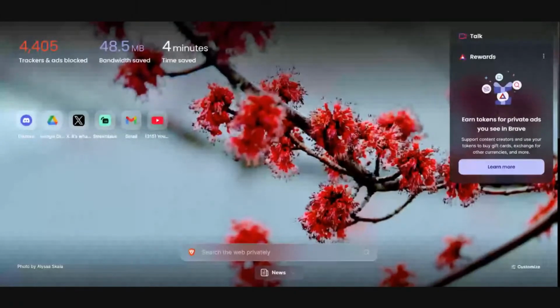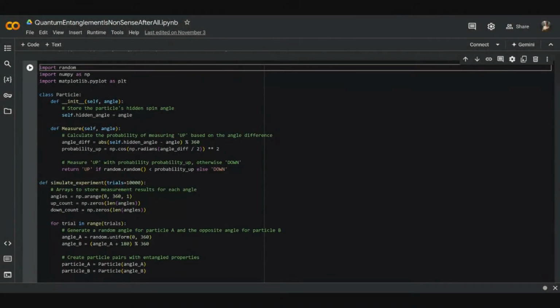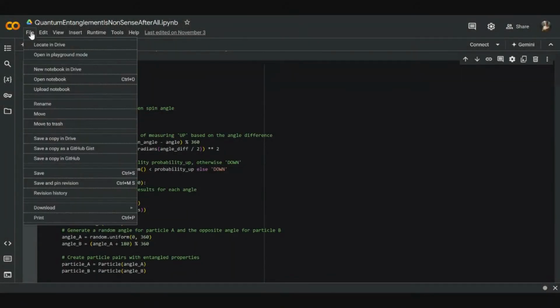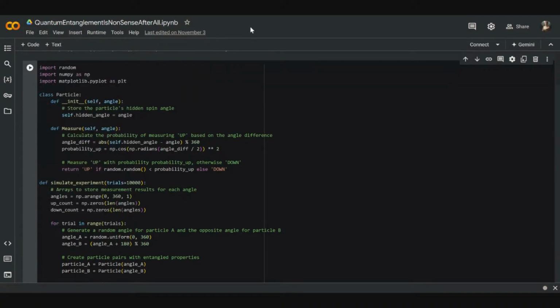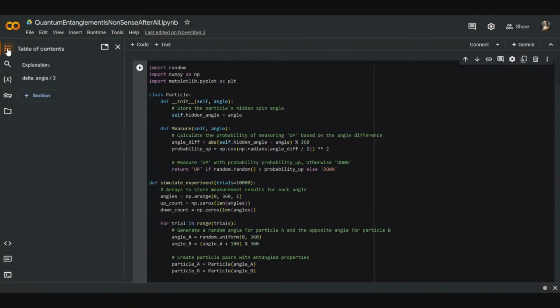Let's go to Google Colab. Let's create a new notebook or something. What do you create? I guess you create a new notebook? What is this?